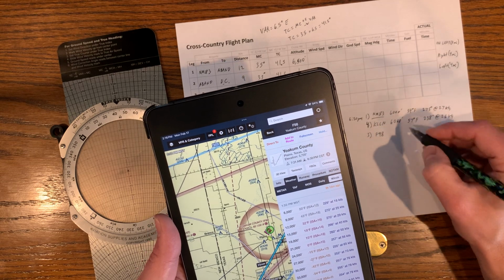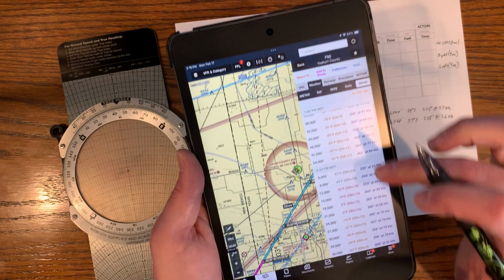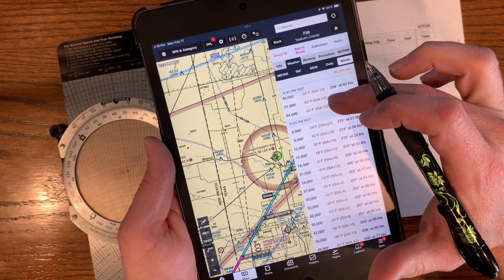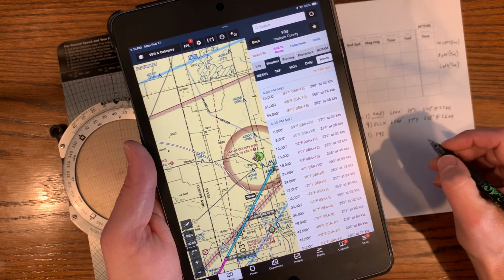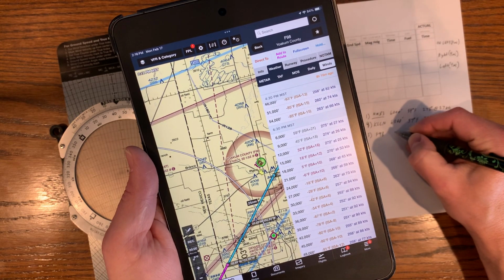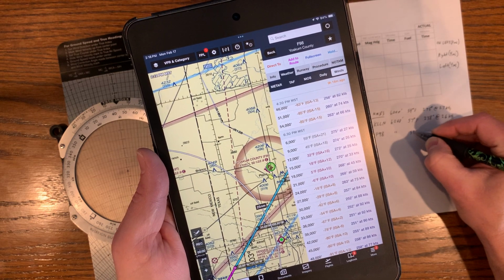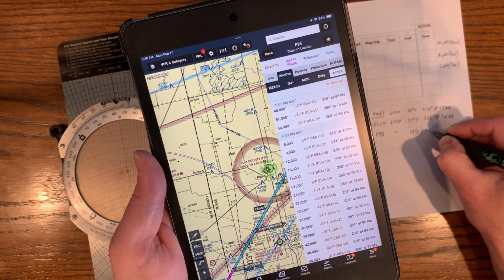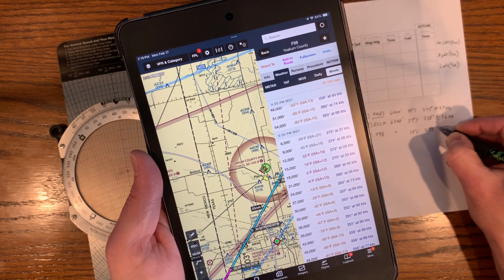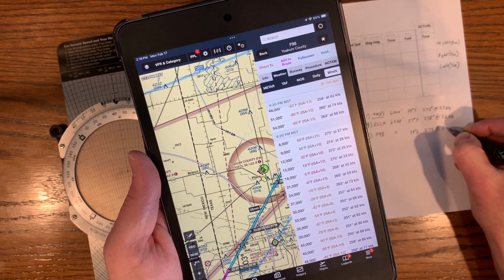We want to go to the same time, 6:30 p.m. So that's the same. 59 degrees Fahrenheit, 275 at 27 knots.